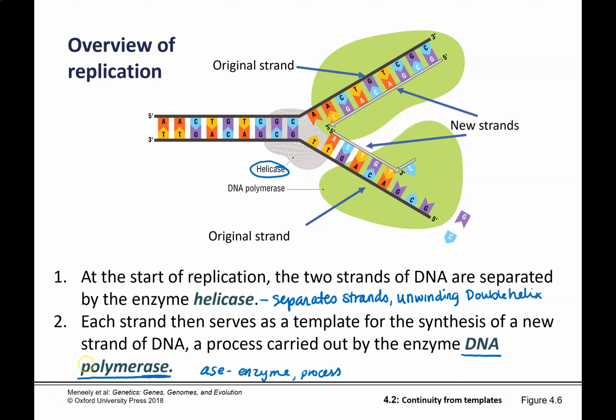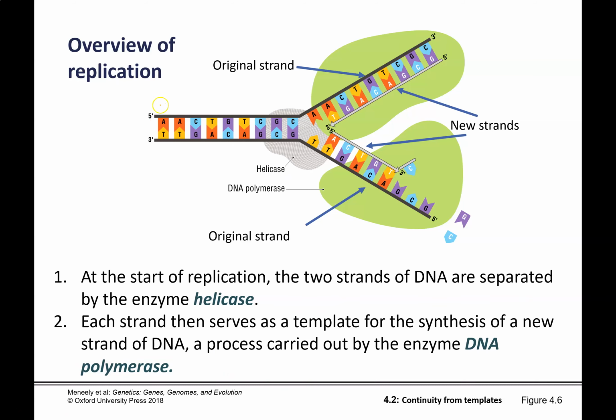Polymer is a molecule made up of subunits. So we are going to be making DNA out of individual subunits via an enzyme that's going to make this happen. So there's our DNA polymerase. This is the molecule that we're going to use to build our DNA.